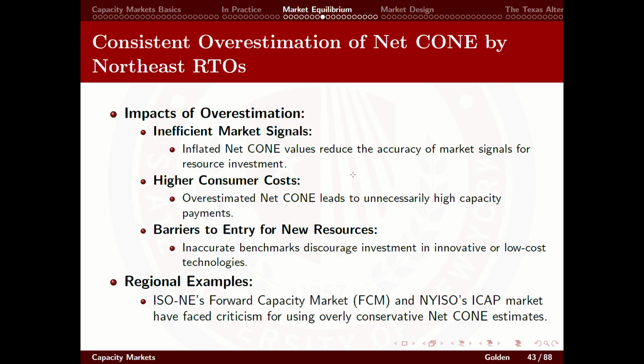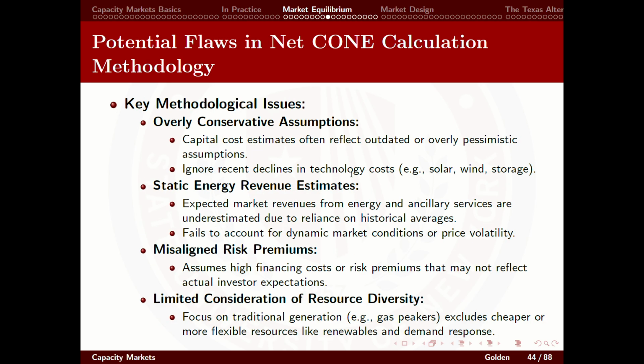ISO New England and NYISO have faced a lot of criticism over overly conservative net cone estimates that have led to overcapacity. Here are potential flaws that might lead to this overcapacity, some methodological issues that you might be aware of if you're ever thinking about working in this market. There's often overly conservative assumptions that reflect outdated or overly pessimistic assumptions, particularly related to technology.